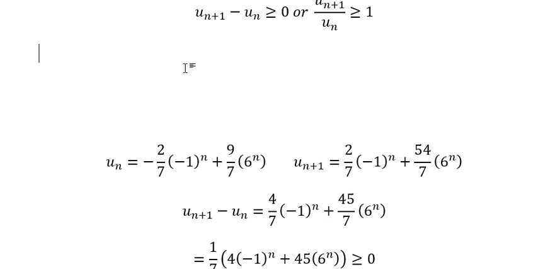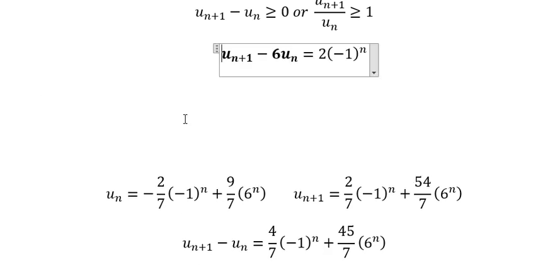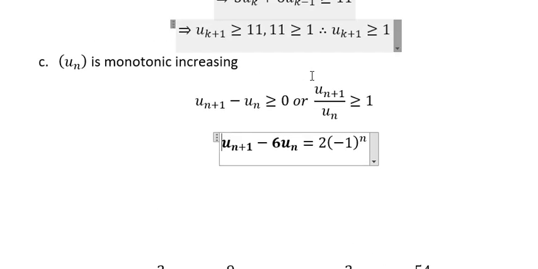So this is our first proof. Having this as a first proof, let us see. Remember, we need to do u_{n+1} minus u_n. It has to be positive for all n greater or equal to 0. So instead here we have u_{n+1} minus 6u_n.